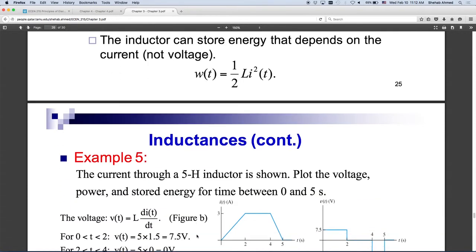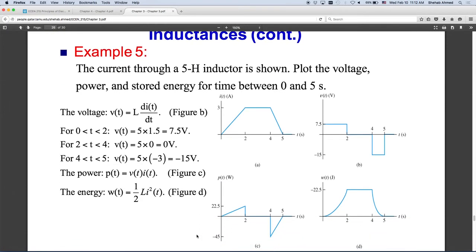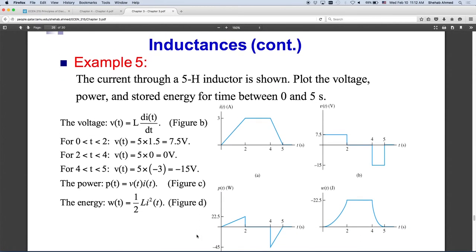So the next thing we'll do is a similar example to what we did with the capacitor. In this case we're given a 5 Henry inductance, and Henry is a big quantity. The inductances that you will typically see on an electronic board will be in the millihenry, microhenry ranges.